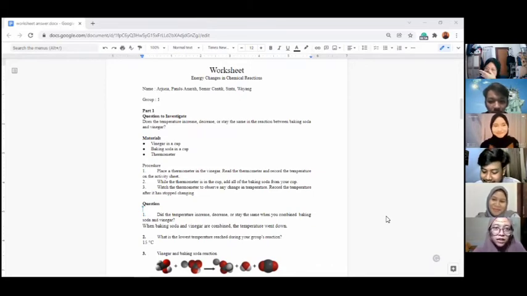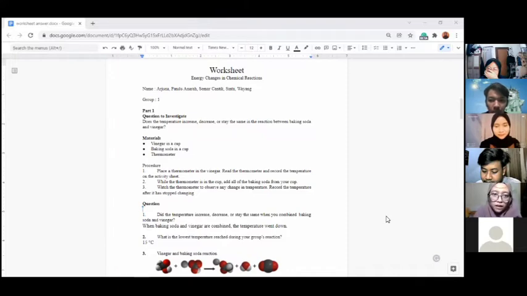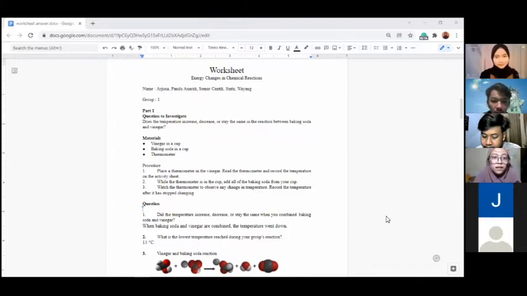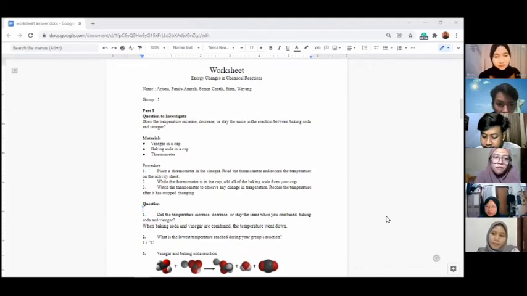The worksheet is about energy changes and chemical reactions. The question to investigate in our experiment is: does the temperature increase, decrease, or stay the same in the reaction between baking soda and vinegar? Next, the materials will be explained by Sinta.